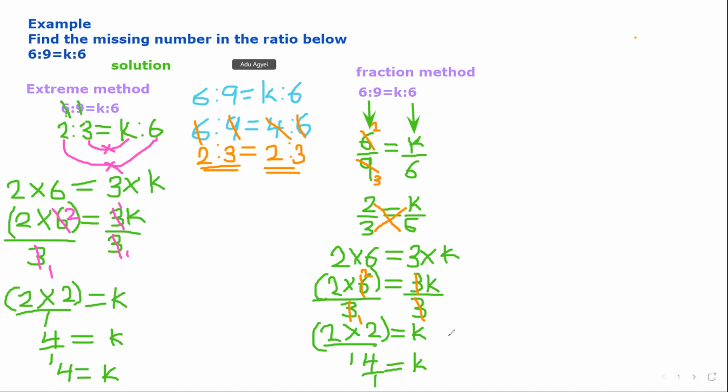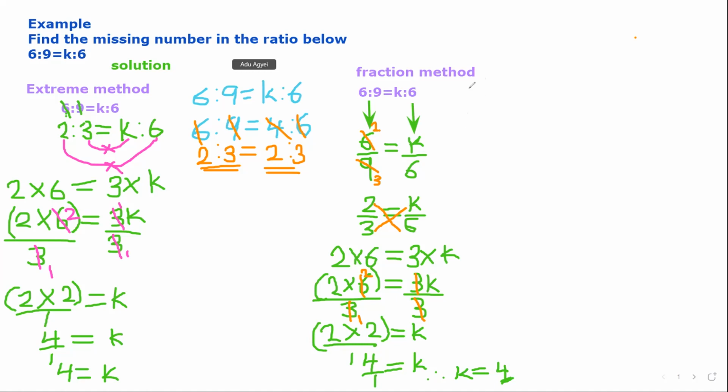Therefore here k equal to 4. Okay, now this is how the fraction method works. You can also use the fraction method to verify whether what you have done is in the right path.